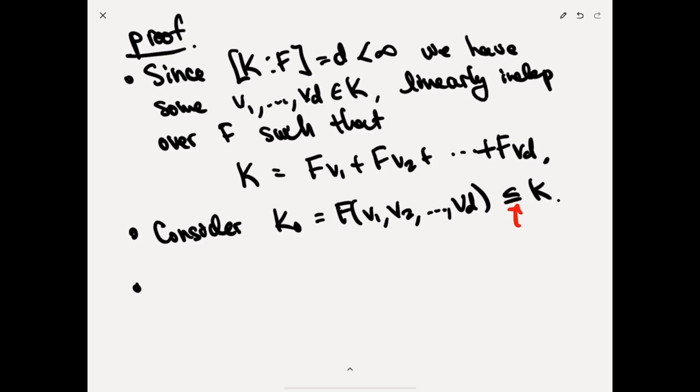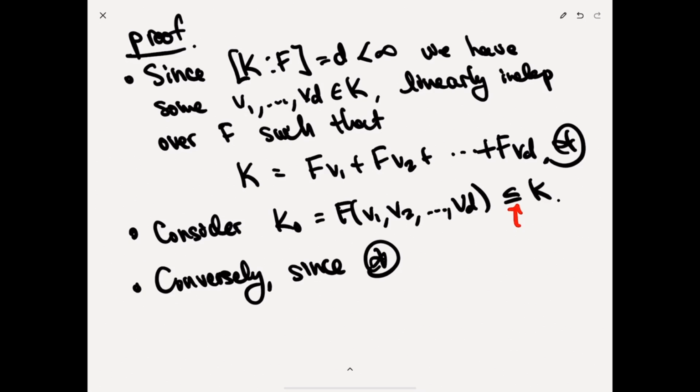Conversely, since, let's call this star.